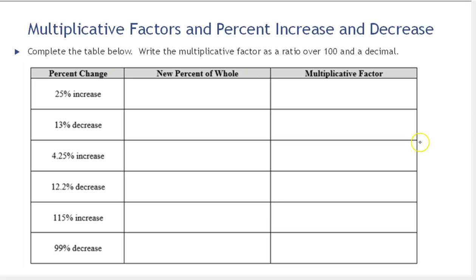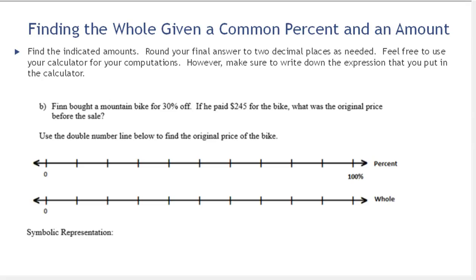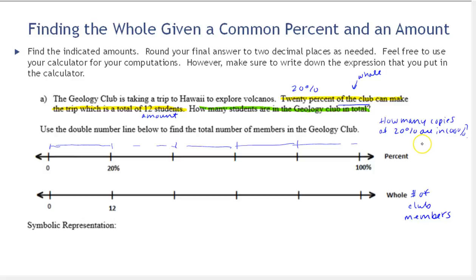Now we could find that more directly by dividing 100 by 20. How many copies of 20% are in 100%? Well, there are 5. Okay, so that means there are 5 copies of 12 in the whole club.